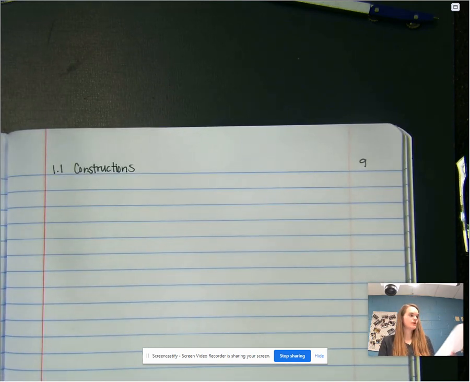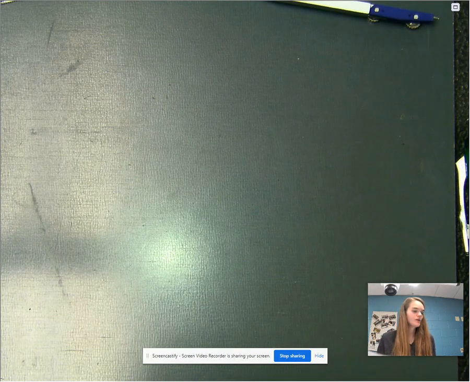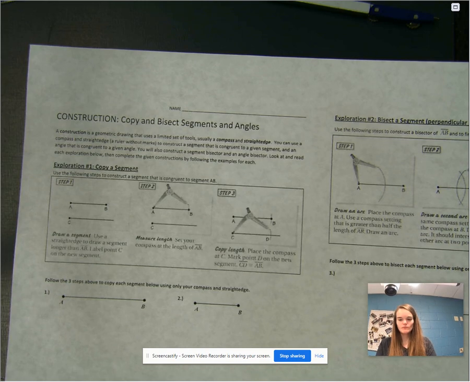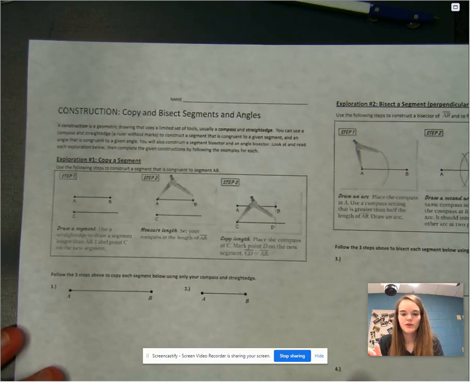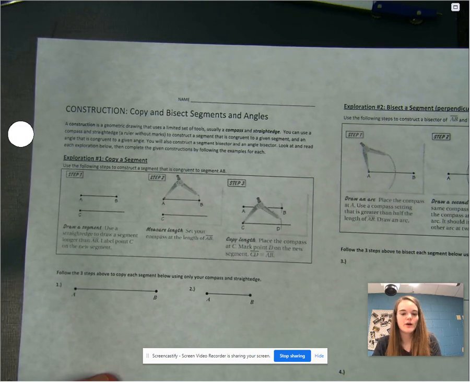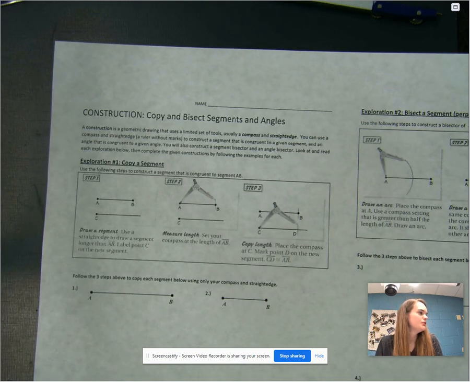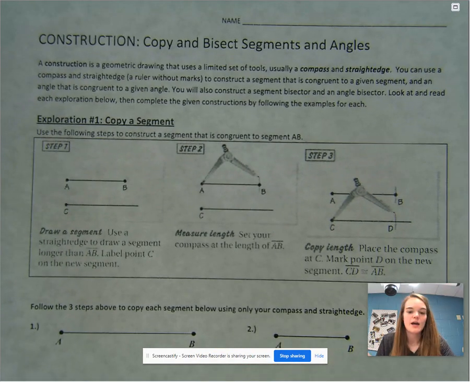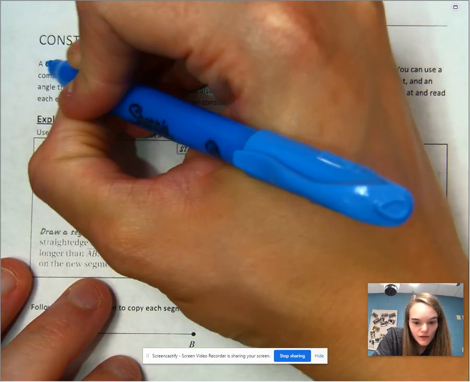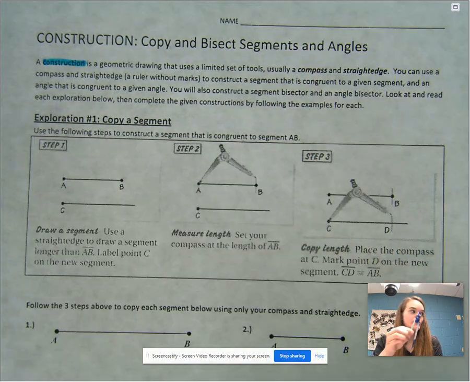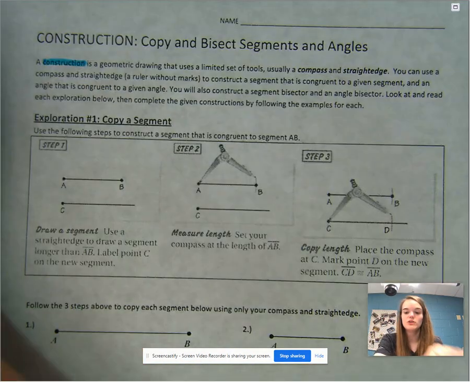So today we're going to talk about segment constructions. You don't need this name stuff, whatever. We're going to start by just talking about some definitions. So a construction, I'm going to zoom in so we can actually see this, is a geometric drawing that uses a limited set of tools, usually a compass, which is what we're using, and a straight edge.